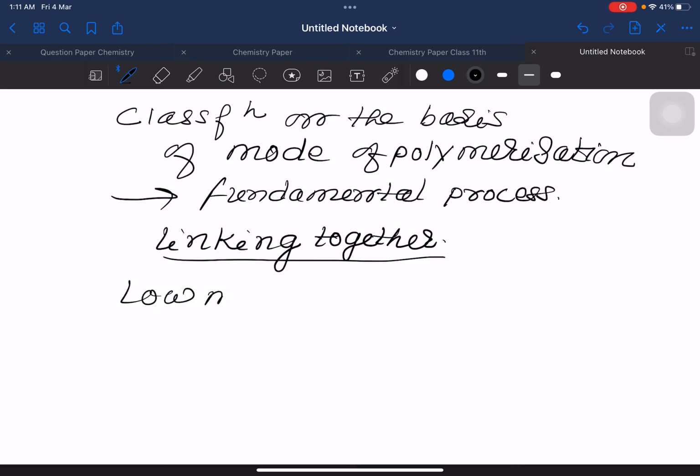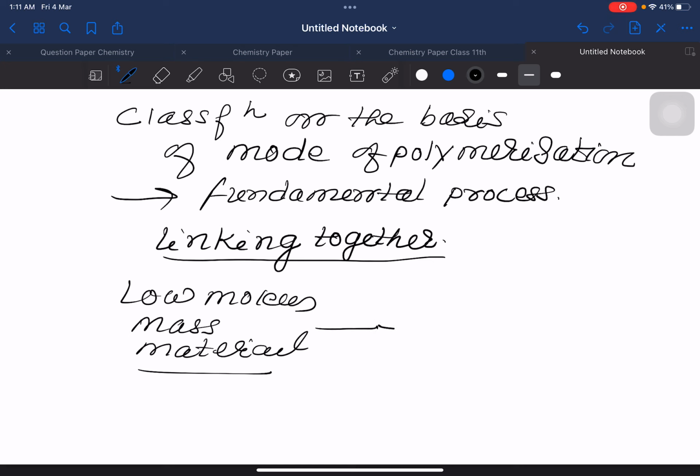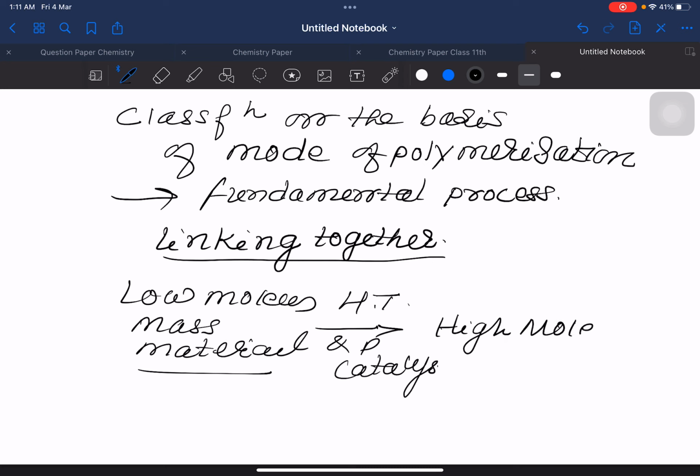A low molecular mass material possessing reactive groups is converted, at high temperature, pressure and with a catalyst, into a high molecular mass material.